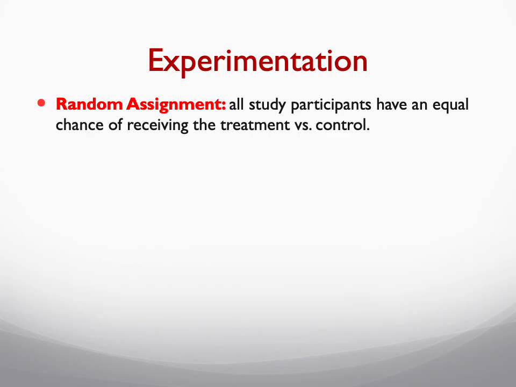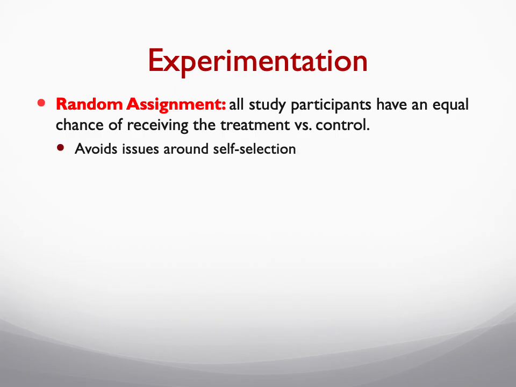Beyond manipulation, the second really key and important feature of an experimental design is this thing that we call random assignment. And what we mean by random assignment is that all study participants have an equal chance of receiving the treatment or the control, or treatments or controls if we have more than one of those groups.